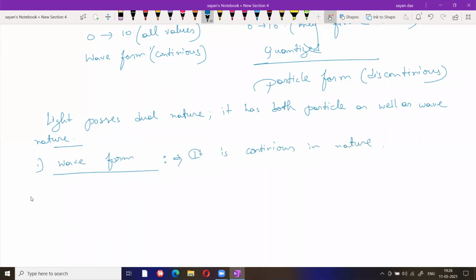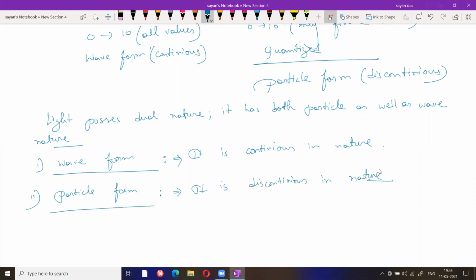And the second one is the particle form, which is discontinuous in nature.